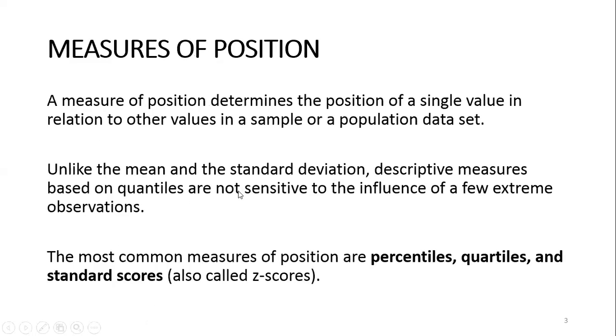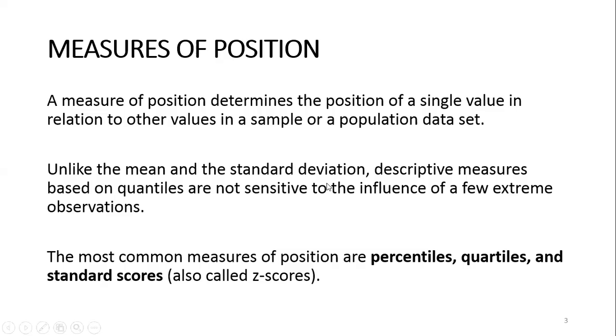Measures of position. A measure of position determines the position of a single value in relation to other values in a sample or a population data set. Like the mean and standard deviation, descriptive measures based on quantiles are not sensitive to the influence of a few extreme observations. So when we talk of measures of position, we are talking essentially about quantiles.